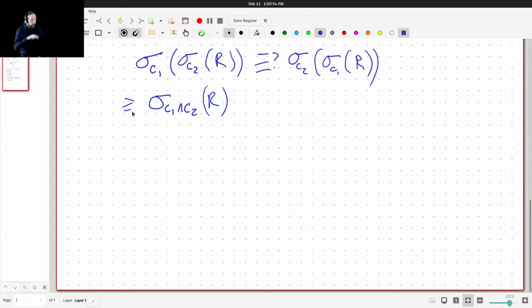And is also a commutative operator. And you might have picked this up from middle, high, whatever, or pre-college school. So this is going to be exactly the same thing as C2 and C1 of R, because and is commutative. And let's wrap it up.